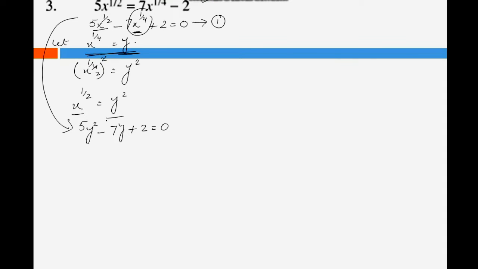Now we can apply factorization by middle term break as well as the quadratic formula. We can solve this, but here I am using factorization by middle term break. Now I have to find two digits which multiply to get 10, and after addition must give minus 7.